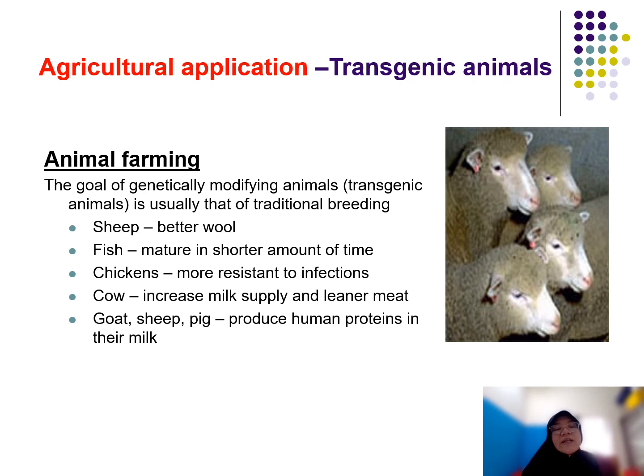Okay, in sheep, okay, they produce better sheep with better wool, better fish with mature in shorter amount of time, better chicken with more resistant to infection, better cow that will increase the milk supply and meat with lack of fats, leaner meat, and better goat, sheep and pig to produce human protein in their milk.